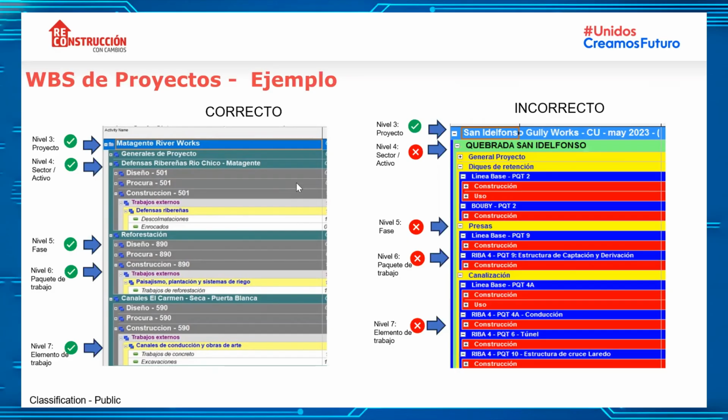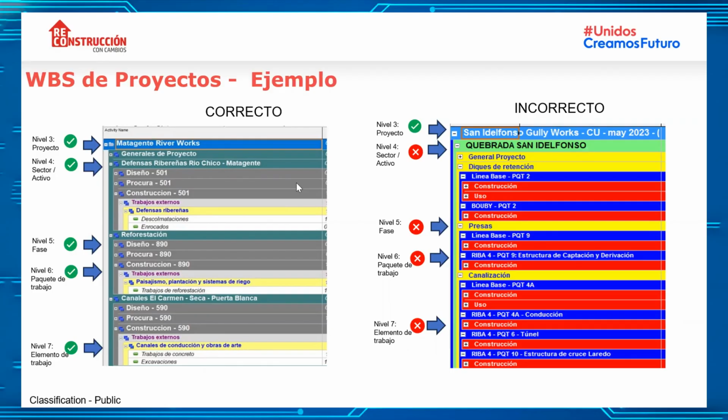Okay, here we're going to stop a little bit on one example of how we should manage, and how has been managed, a project at the level of WBS. On the first slide, in Primavera, you see level 3 up to level 7.